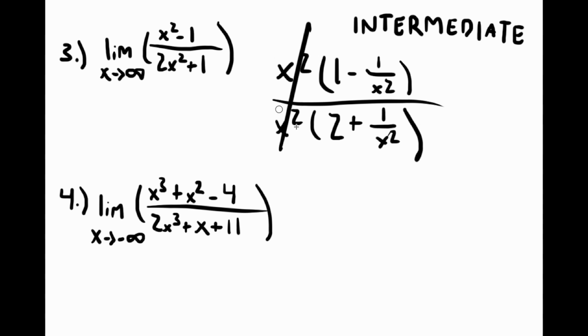And we could just divide the x squareds out, so this would just end up looking like 1 minus 1 over x squared divided by 2 plus 1 over x squared.